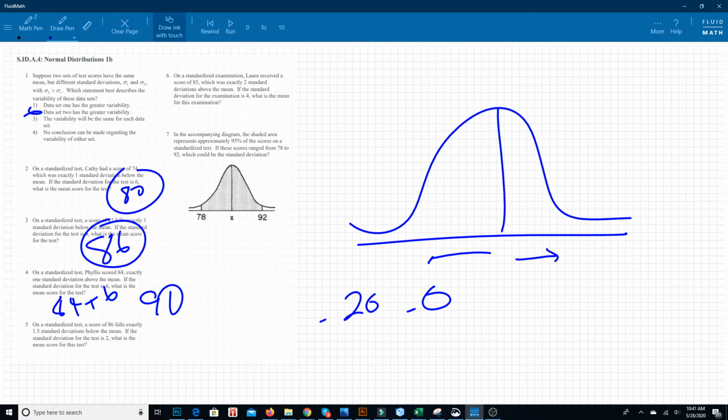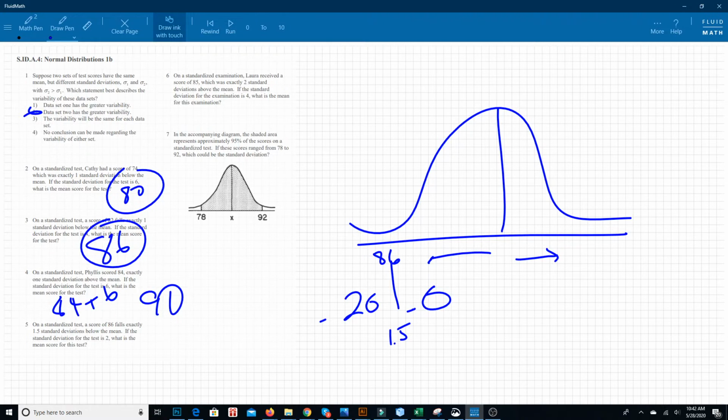The person gets an 86, so that's a 1.5 right here. If the standard deviation for the test is 2, what is the mean for the score?